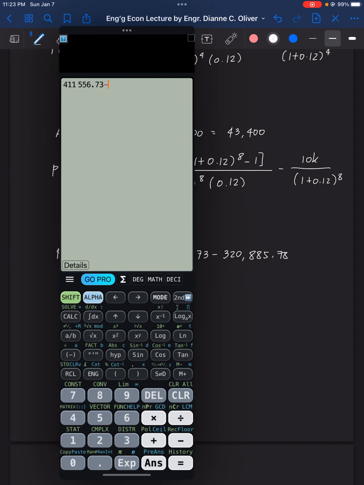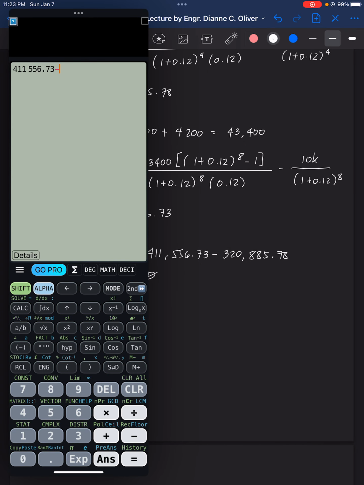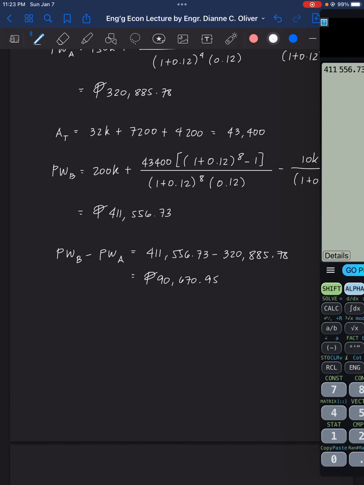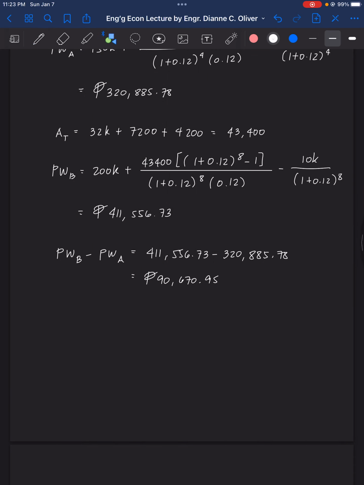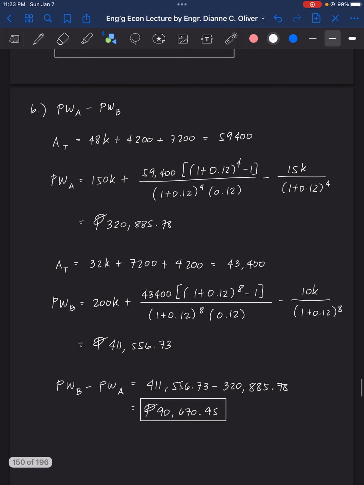So that will be 90,670.95 pesos. So that's for letter B.